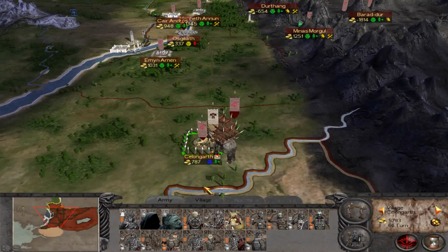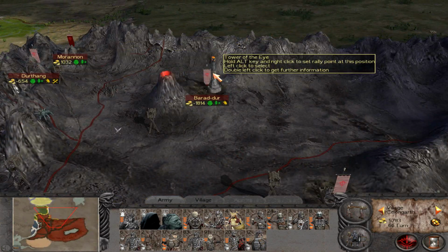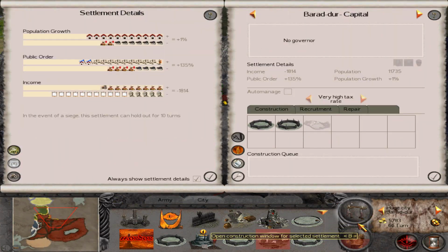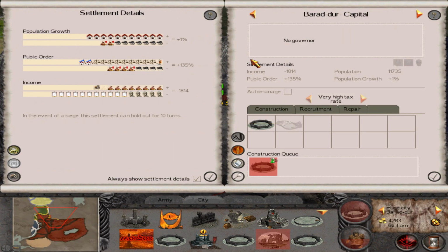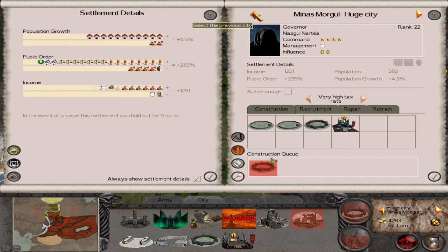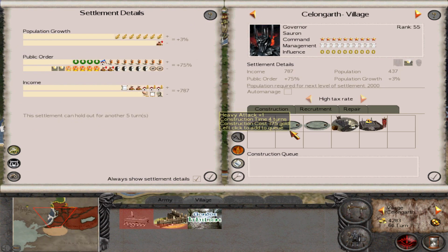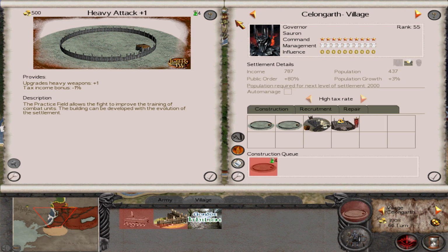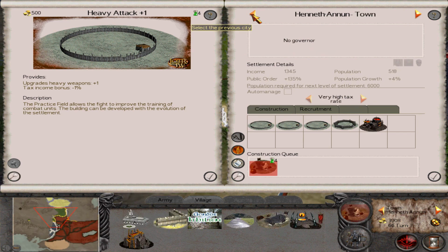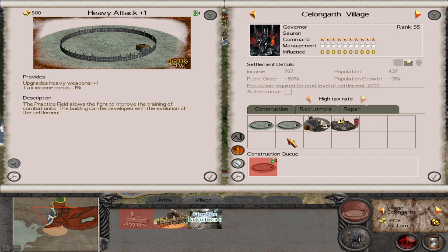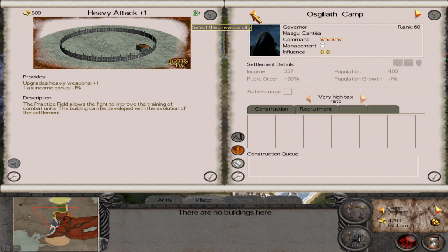Will let them attack, I think. Let's go for an armor +2. Heavy attack +1. Actually, we do not want to use that. It was Salongard.